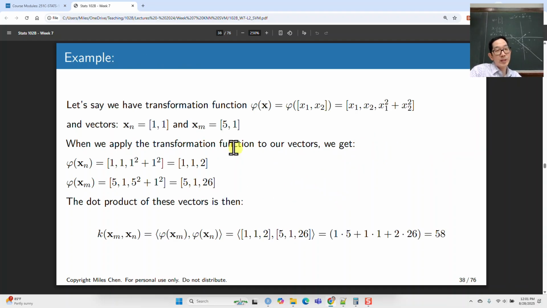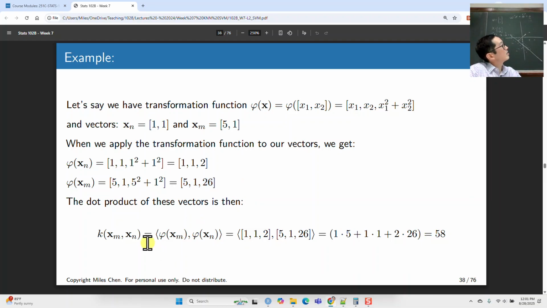If you have the vector 1, 1, it becomes 1, 1, and then 2, because you have 1 squared plus 1 squared. So 1, 1 becomes 1, 1, 2. It goes from 2D to 3D. And then the vector 5, 1: the third coordinate is 5 squared plus 1 squared, so 26. So 5, 1 becomes 5, 1, 26.